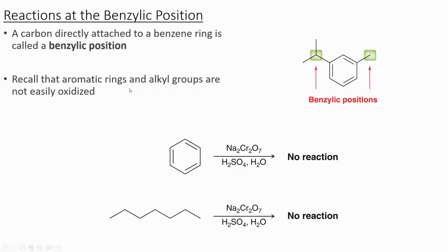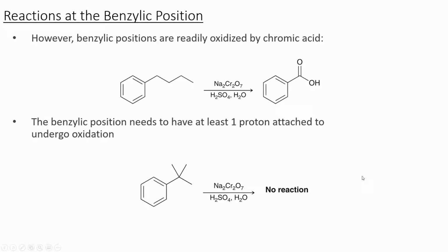So aromatic rings and alkyl groups are not easily oxidized. We look at the Jones conditions for these reactions. We cannot create a carbon-oxygen bond with just the normal Jones reagent conditions for a benzene ring or a regular alkane or alkyl group.